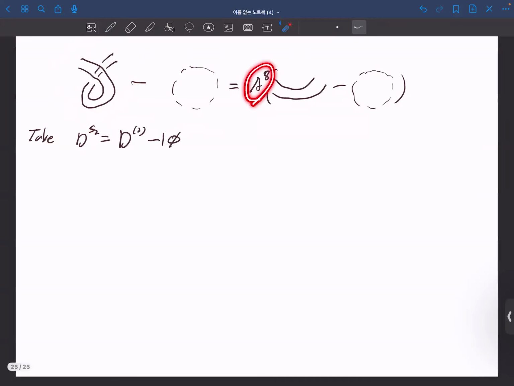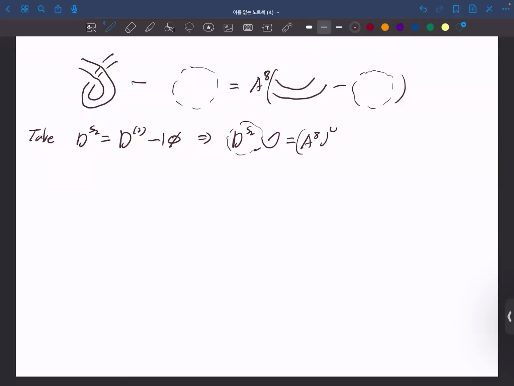Then we just multiply by A to the 8. Then DS2 with a kink is equal to A to the 8 something times DS2. We obtain such an equality.